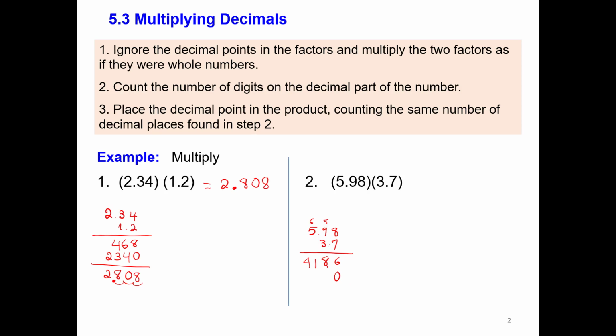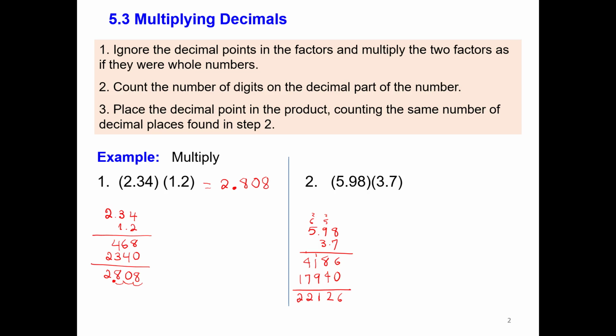Then 3 times 8 is 24, carry the 2. 3 times 9 is 27, plus 2 is 29, carry 2. 3 times 5 is 15, plus 2 is 17. Now add the numbers: 6, 8 plus 4 is 12, carry the 1, 2, 11, carry the 1, 12, carry the 1, 2.